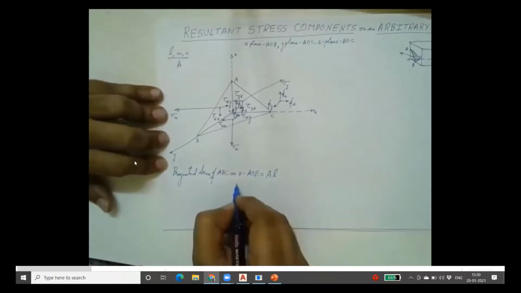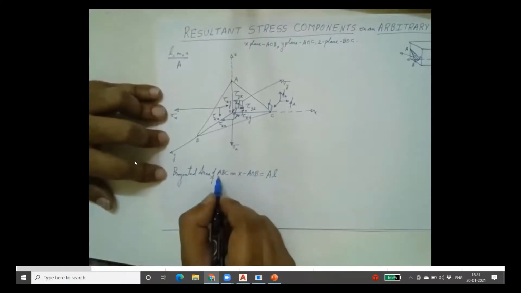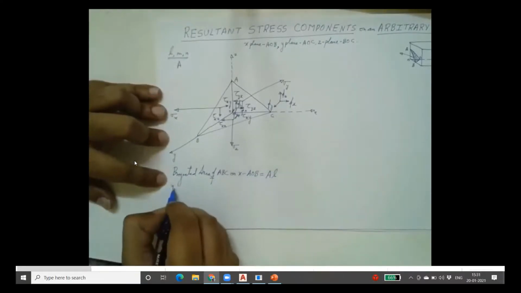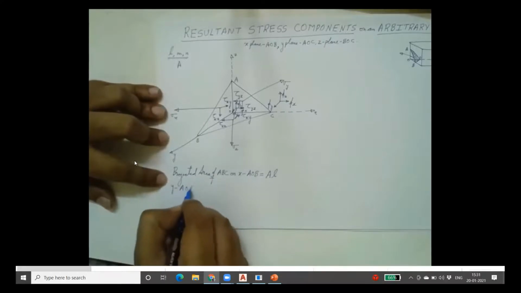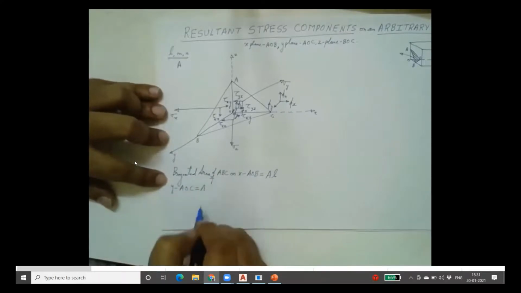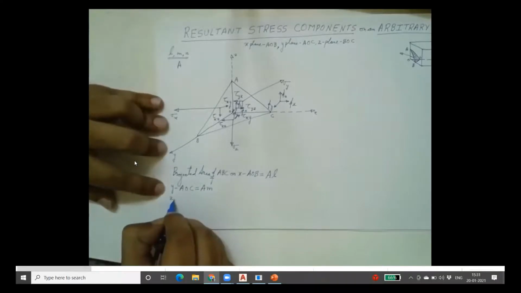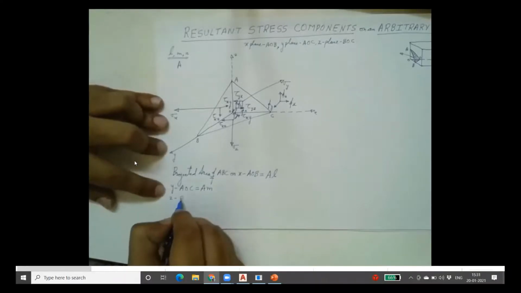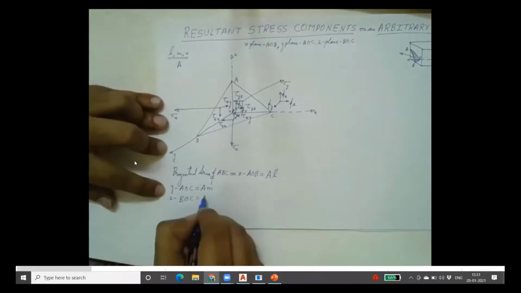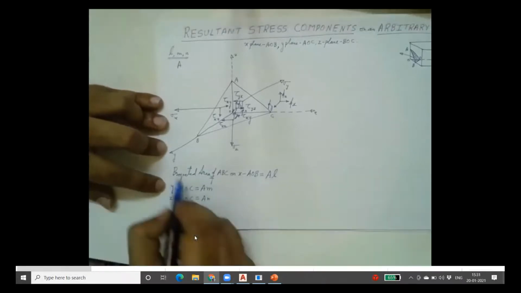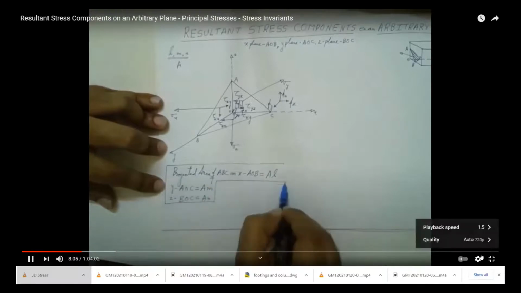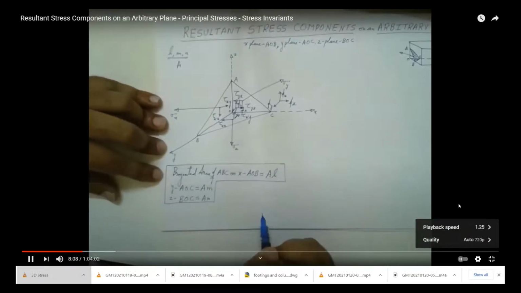Similarly, if I project area ABC on y plane, that is AOC, I will get area of ABC into direction cosine of plane y. Similarly, if I project it on z plane, the z plane is BOC, so the projected area will be area into direction cosine. Okay, so these are the projected areas of plane ABC on XYZ planes.